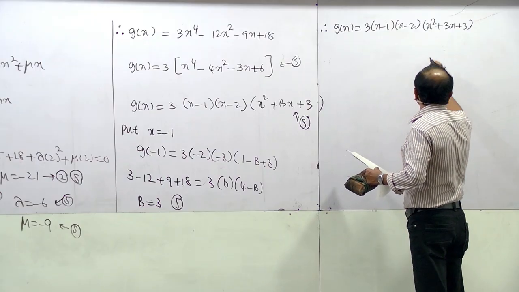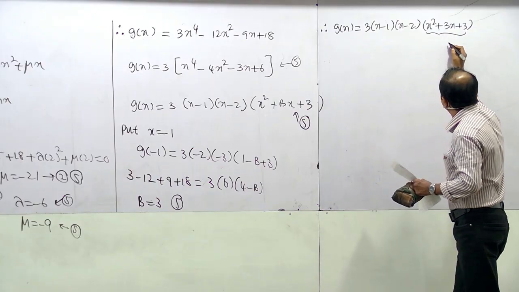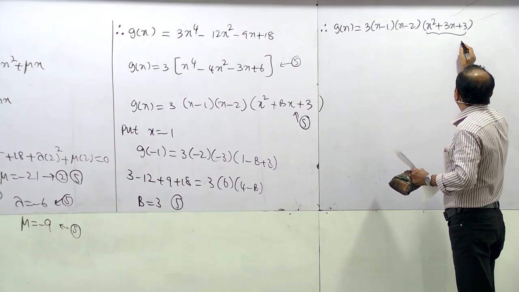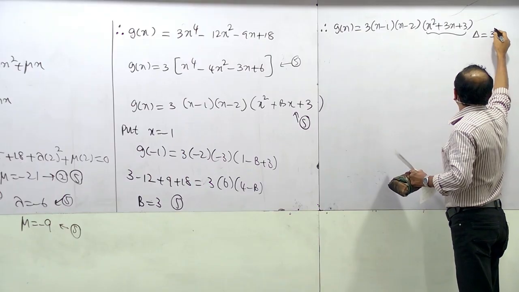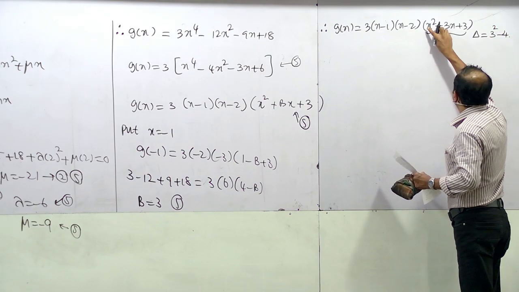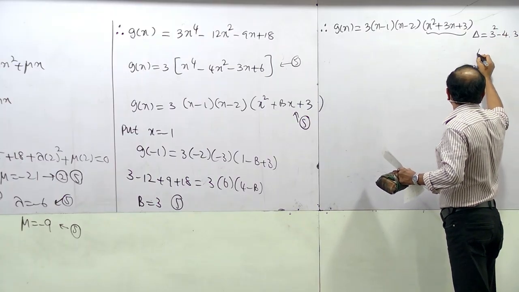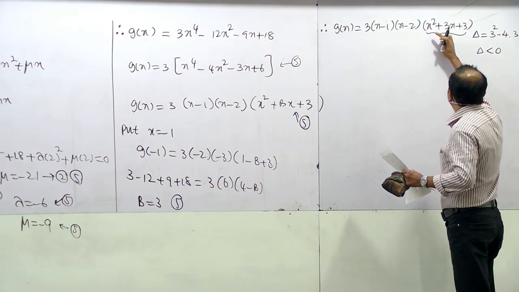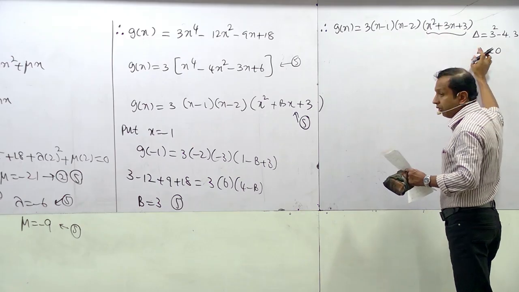Okay, people, you know, this is what? Quadratic expression, no? When you calculate its delta, what is delta? b squared, 3 squared minus 4ac, 3. You know, this delta negative. This is a minimum graph because x squared coefficient is positive. Minimum graph with delta negative.